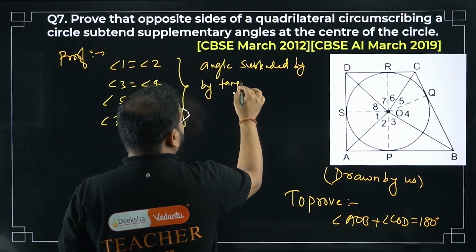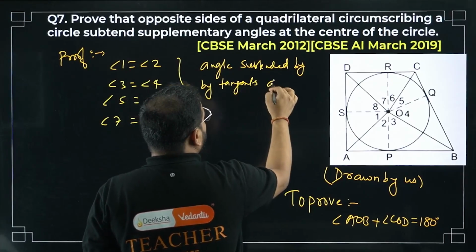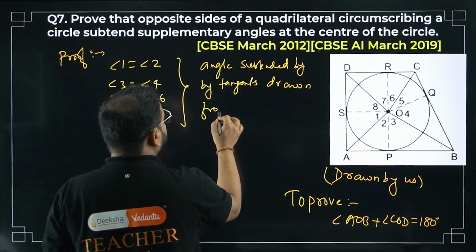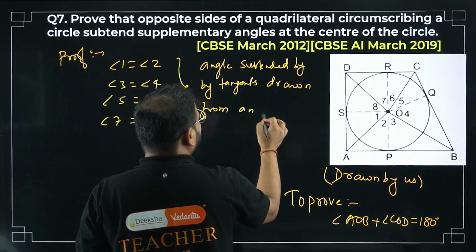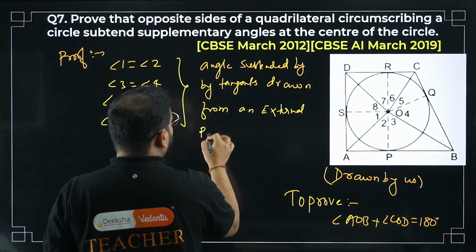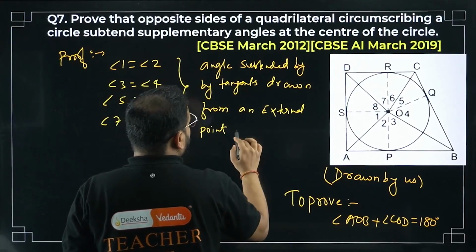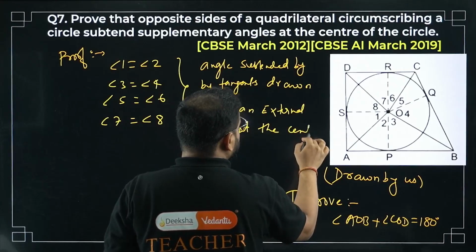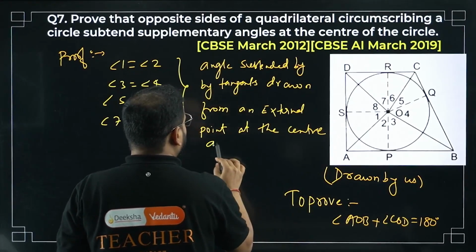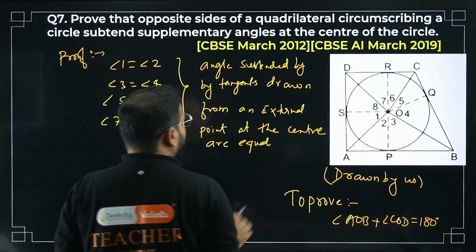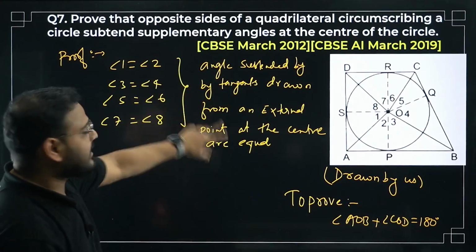By tangents drawn from an external point at the center are equal. Angles are equal, not the tangents.